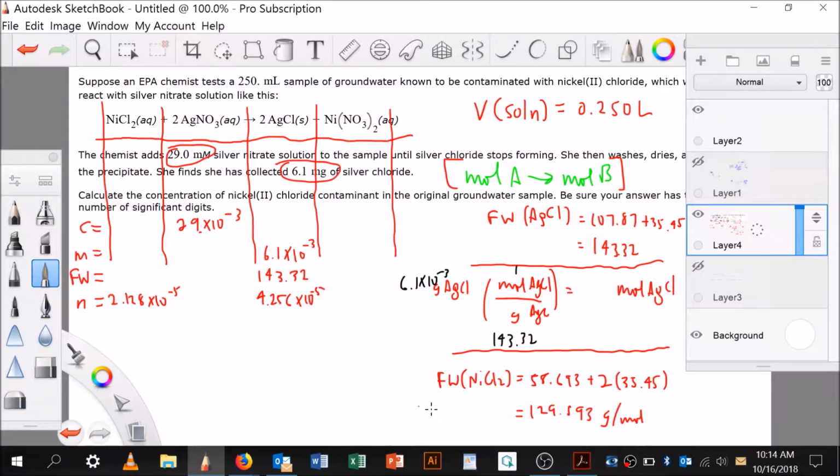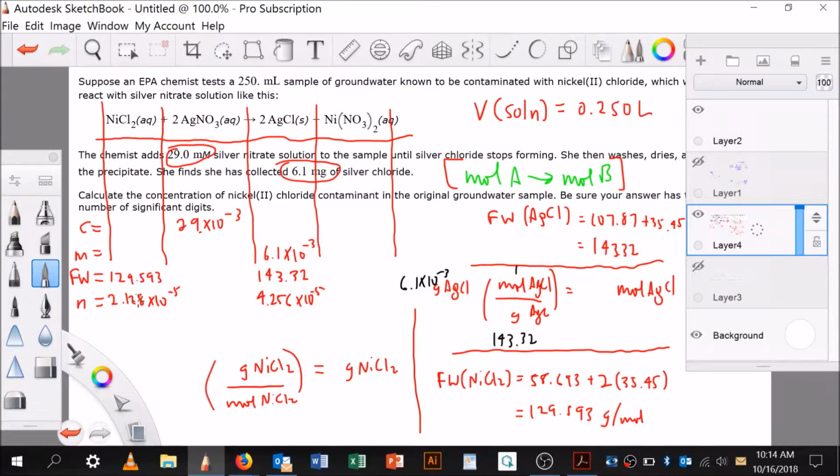Okay, now let me come over here. It's 129.593, okay? And that's grams per mole. So what I'm looking for is grams of nickel 2 chloride. So I've got grams of nickel 2 chloride per mole of nickel 2 chloride, right?